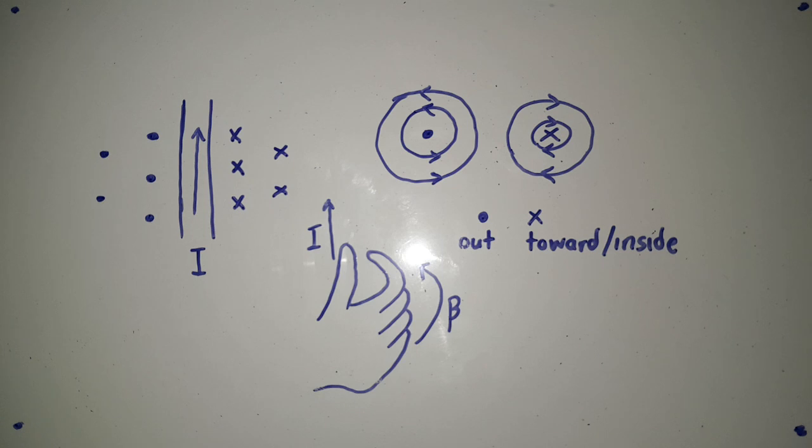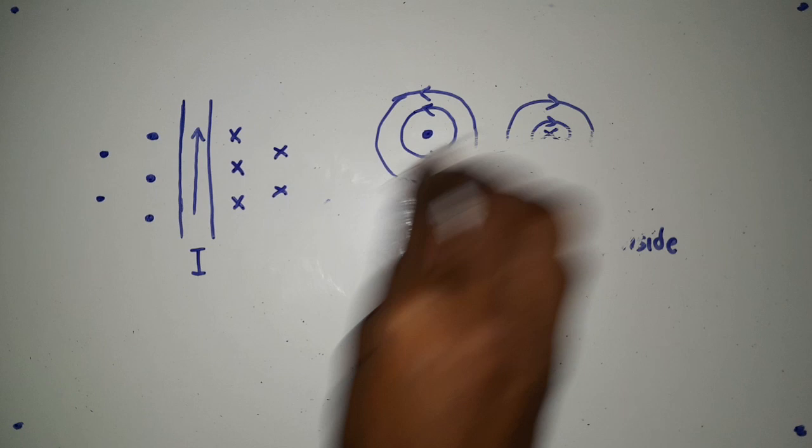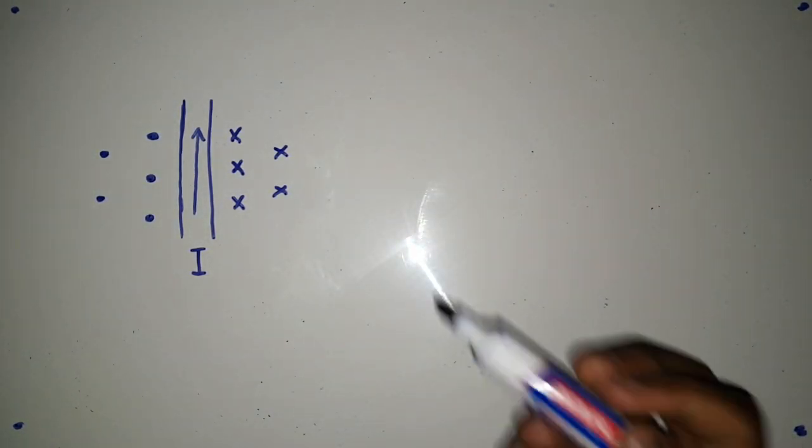Now, how are you going to draw the magnetic field around this coiled wire? We call it a loop.